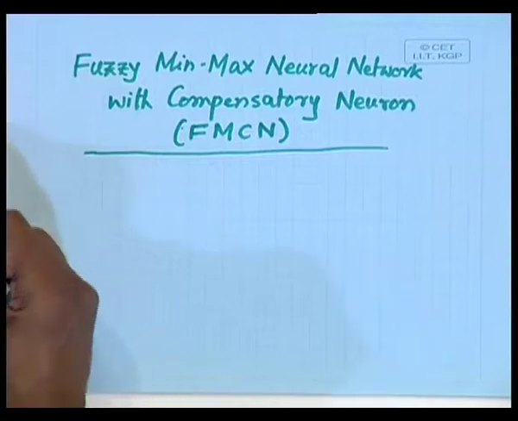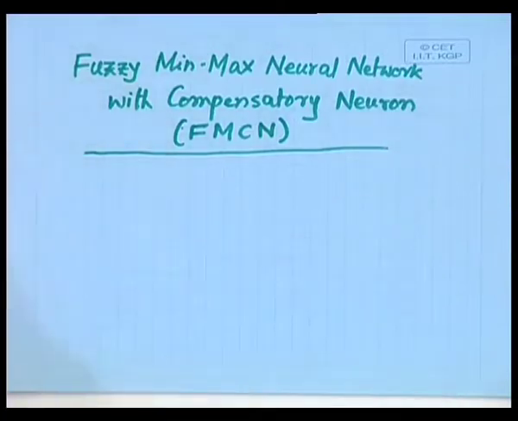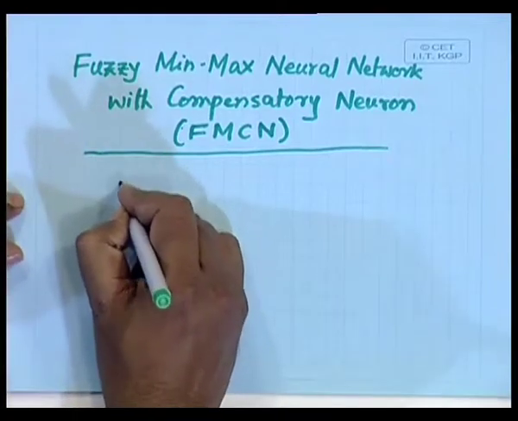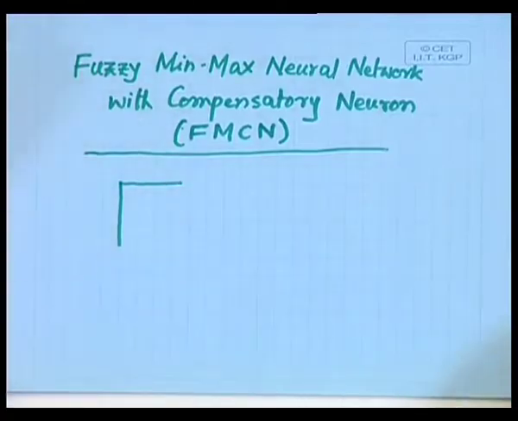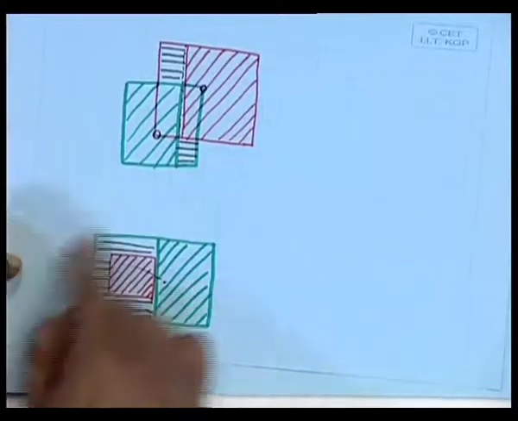So, in case of FMCN, what we have said is, if I have a similar kind of overlap, and when I say this sort of containment, it is not necessary that one hyperbox has to be fully contained in another hyperbox. It is also possible that along one dimension it is contained within another hyperbox.